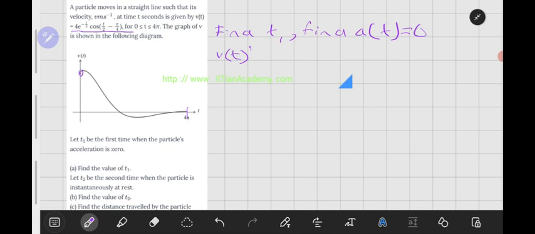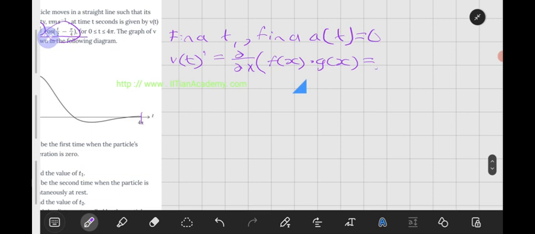Now, because we have this equation here, we have a constant, we have a function with e in it, and we have a cos function. So what you should take from that is that we have two functions essentially, so we have to use the product rule, where d/dx of f(x) multiplied by g(x) is equal to f(x) times g prime(x) plus f prime(x) times g(x).